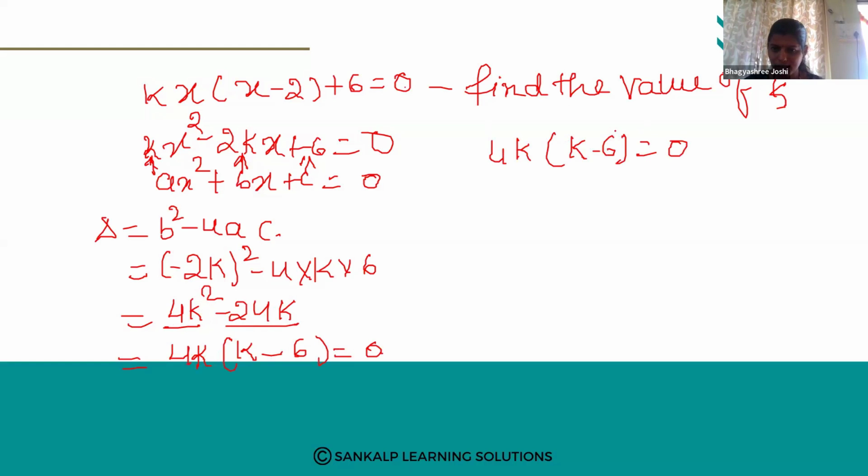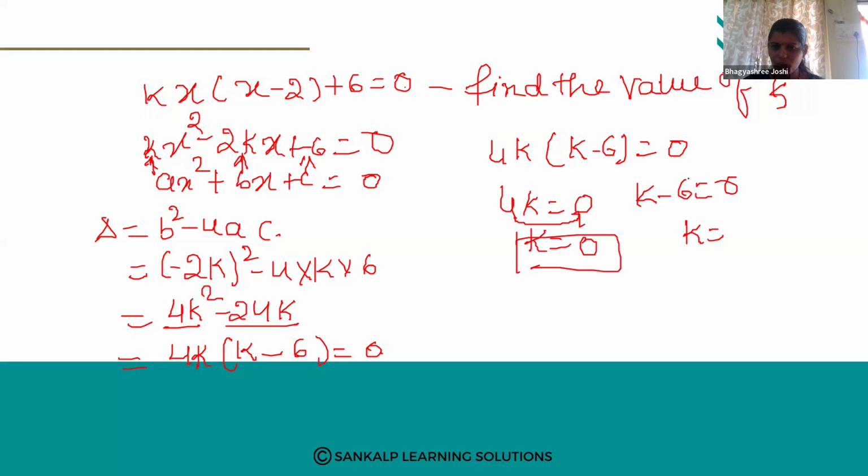That means equate these two factors with 0: 4k equal to 0 and k minus 6 equal to 0. 0 divided by 4 is 0, so k value is 0, and if you transfer minus 6 to this side, k value is 6. So this question can be asked for 1 mark.